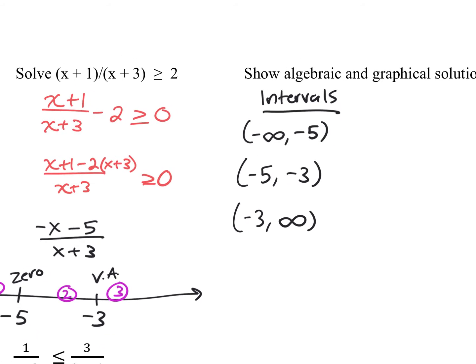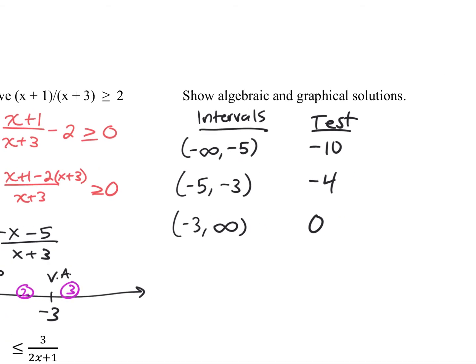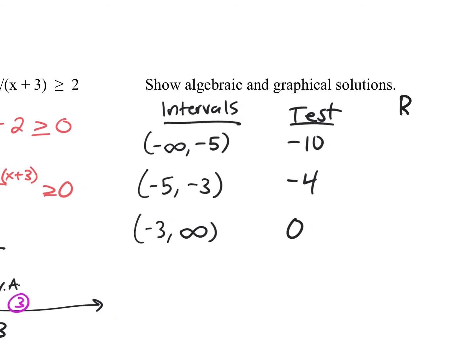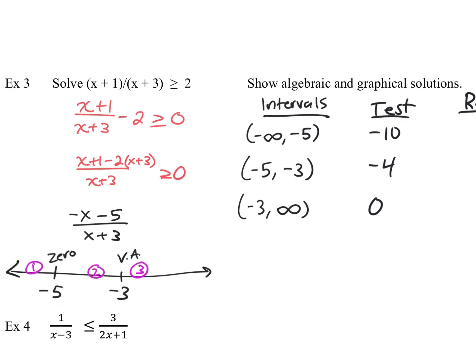I can test any point I like. I like using multiples of 10. They seem just a little bit more friendly for me. For my second, I'm going to pick negative 4. And finally, for my third, I will pick 0. Again, I like to use this idea of just using signs rather than worrying too much about the specific values.